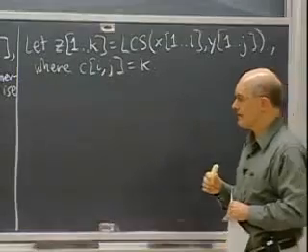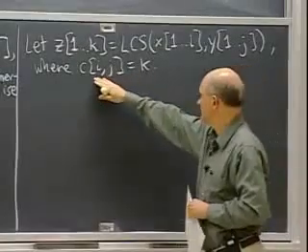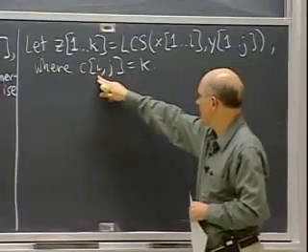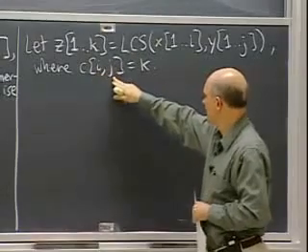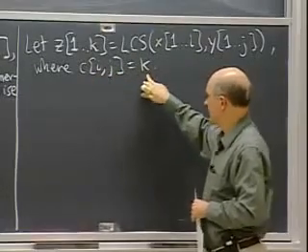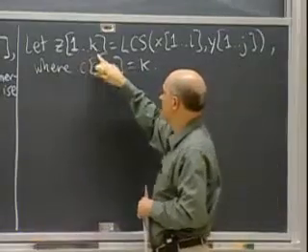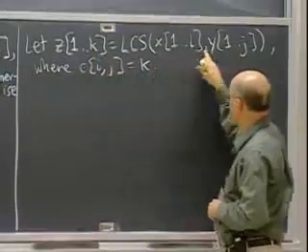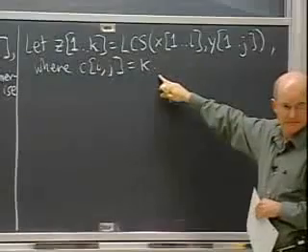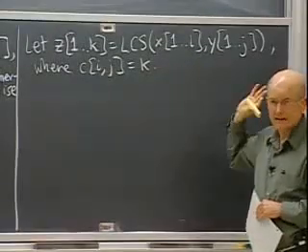So the longest common subsequence of x of 1 to i and y of 1 to j has some value. Let's call it k. And let's say that we have some sequence which realizes that. We'll call it z.